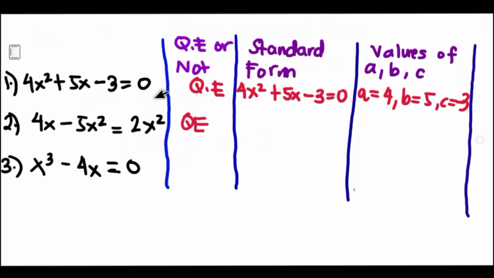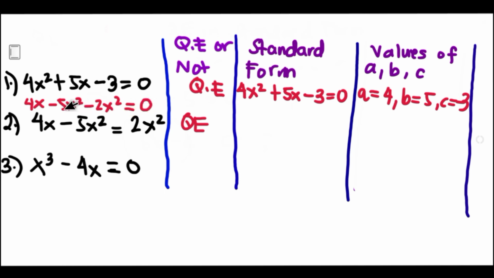By addition property, magiging negative 2. So, negative 5 plus negative 2. Diba? So, magiging 4x minus 5x squared minus 2x squared using addition property of equality to the 0 or pwede rin i-transpose.